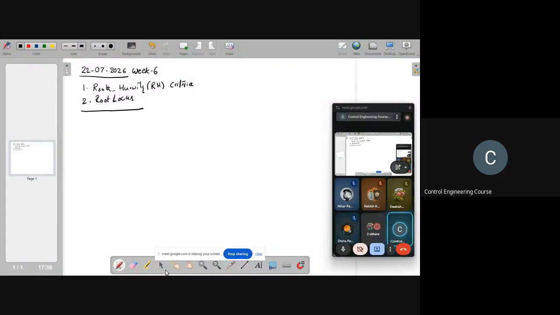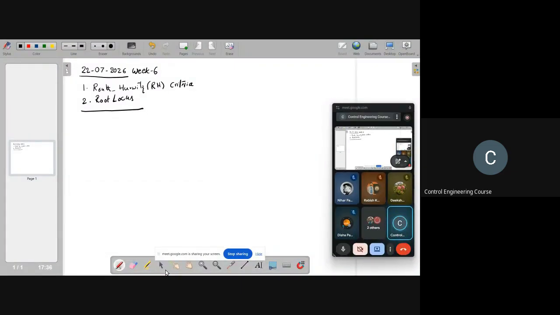So, as of now, we have learned how to compute the transfer function of a system, analyze the system in the time domain, and find the time domain specifications for a given system, that means a second order system.